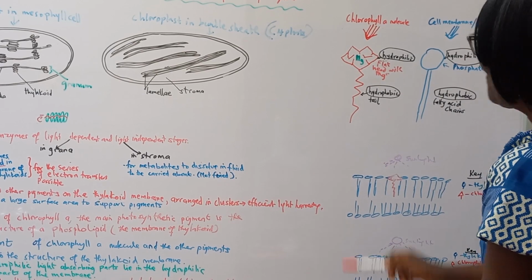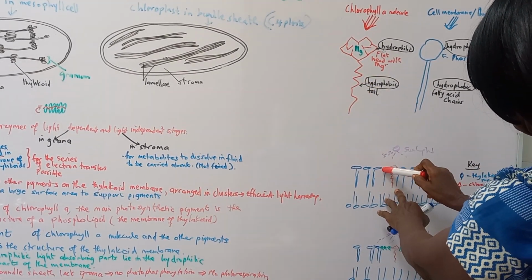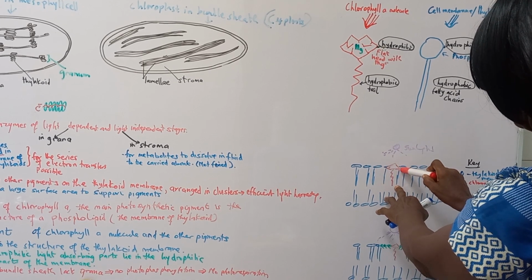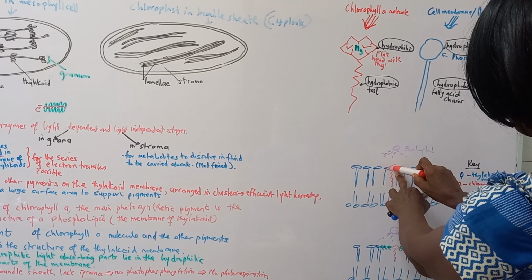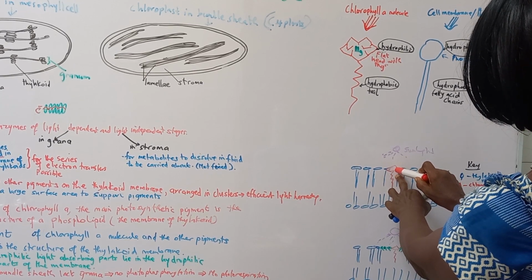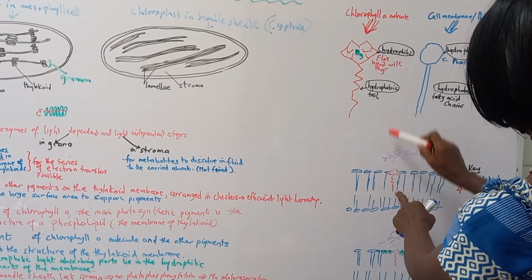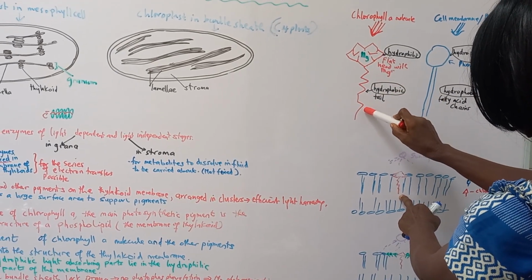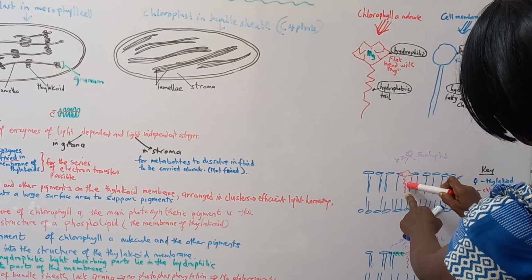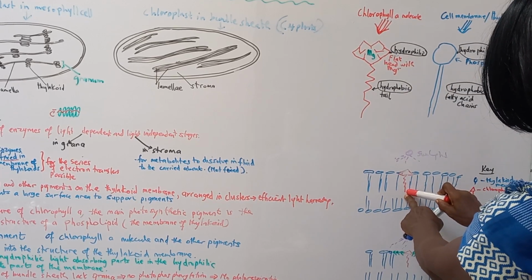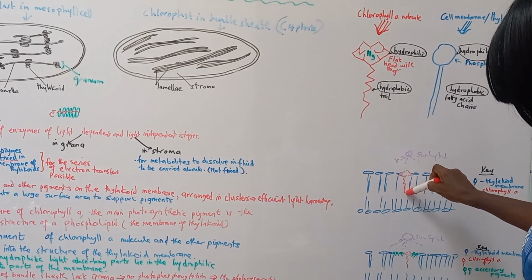And so the molecules of the chlorophylls lie in the membranes. The flat hydrophilic head is lying on the hydrophilic phosphate head of the membrane, and the tail, which is the hydrophobic tail of the chlorophyll molecule, is fixed into the hydrophobic fatty acid chains of the membrane.